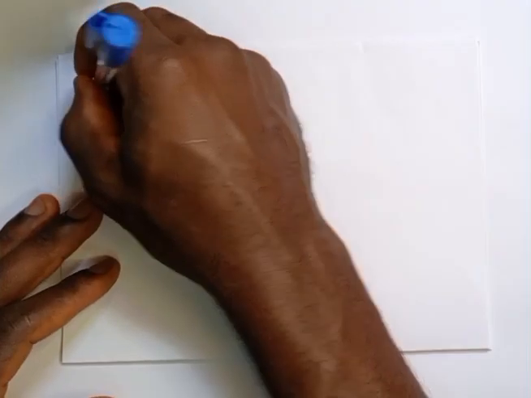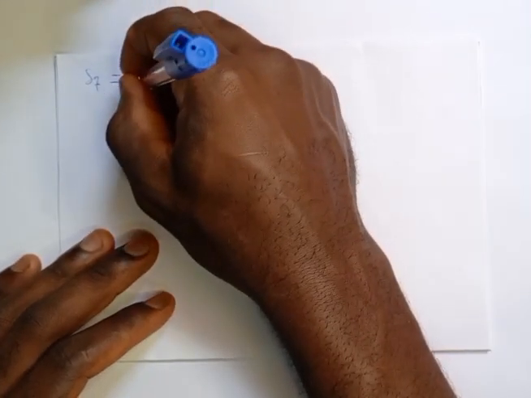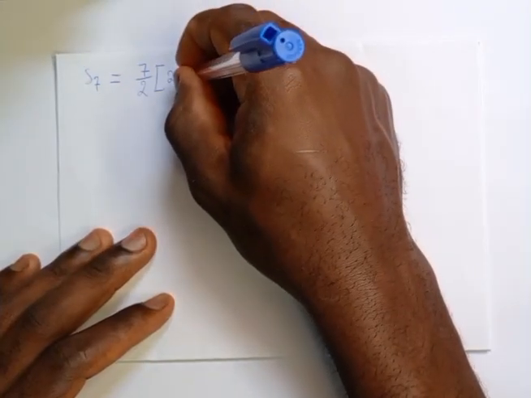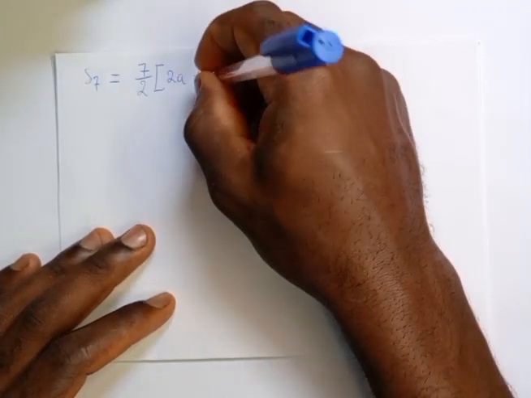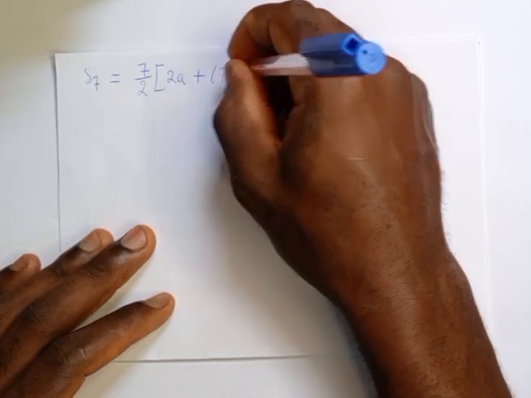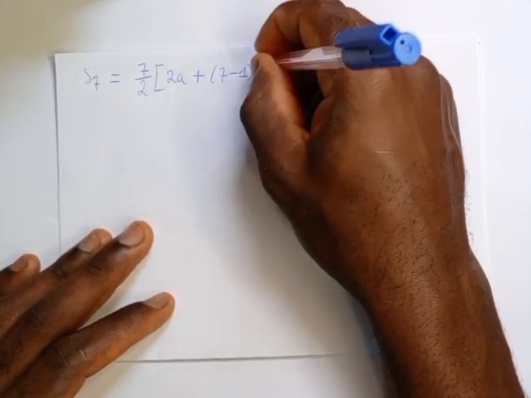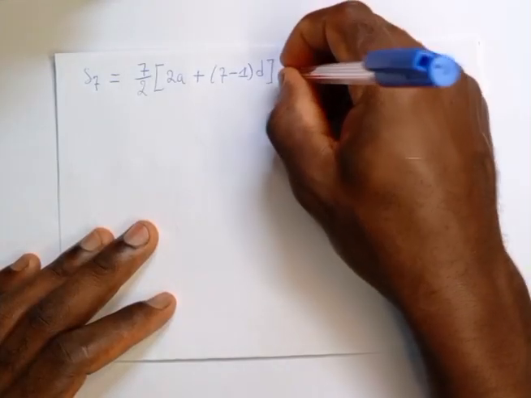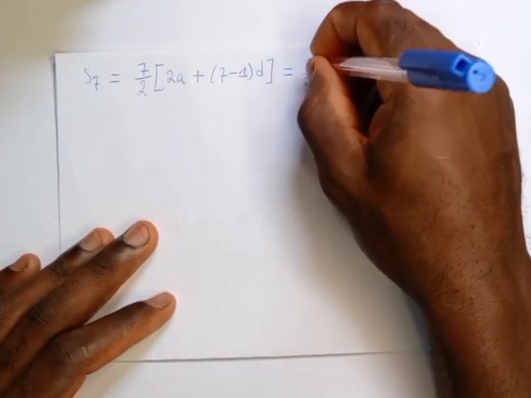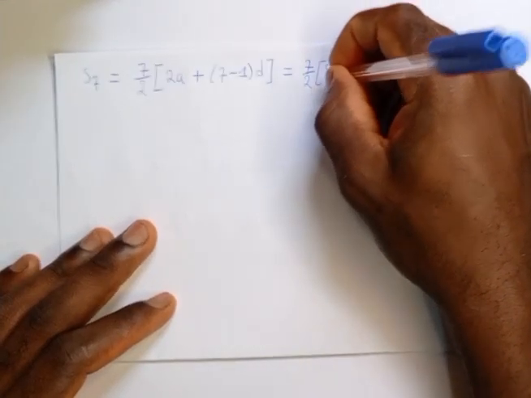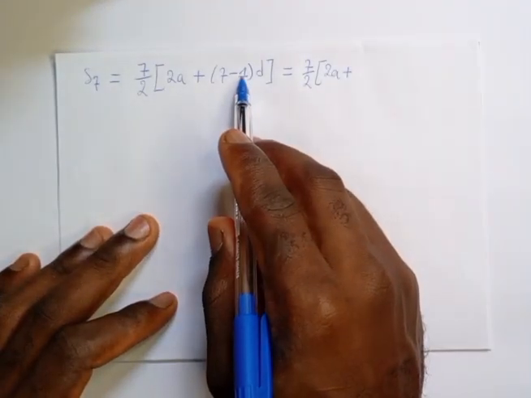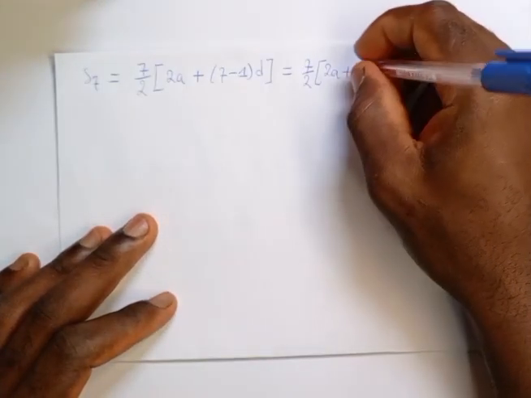The sum of the first 7 terms will simply be equal to 7 over 2 times 2a, a is not known, plus n, which is 7, minus 1 times the common difference d. And this will simply be equal to 7 over 2 times 2a plus 7 minus 1 gives us 6 times d.